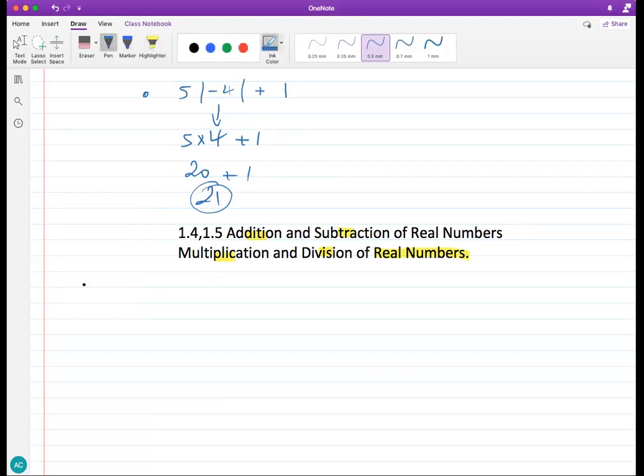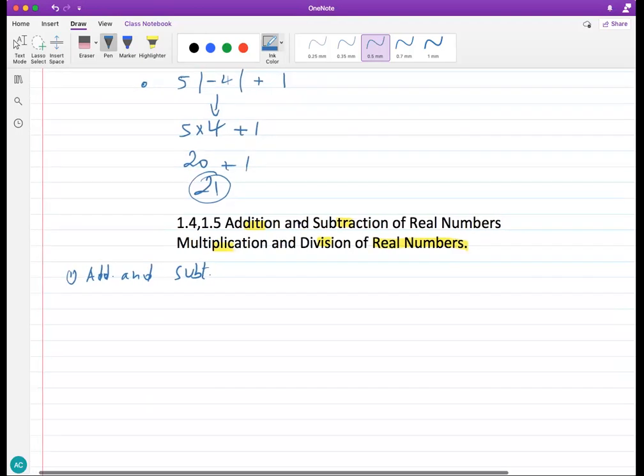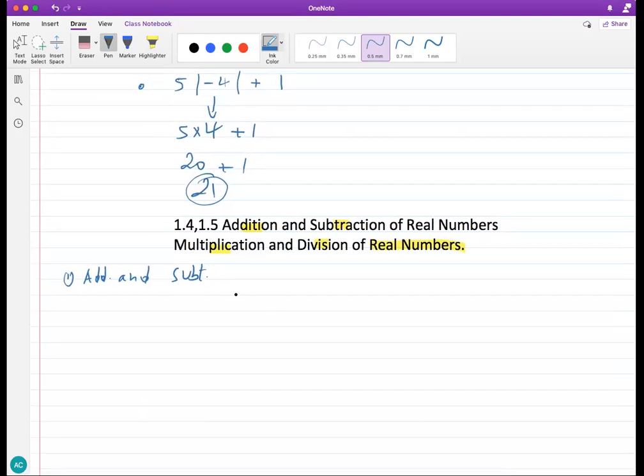Okay, let's start maybe with addition and subtraction. Going to do addition and subtraction, and later we'll do multiplication and division. To do that, we're going to need the number line again.